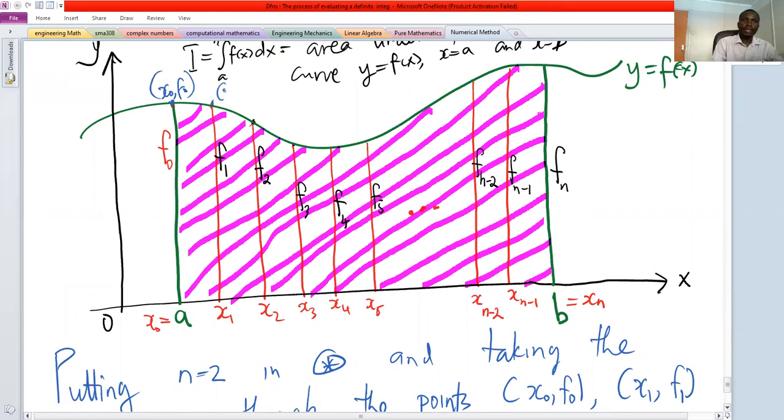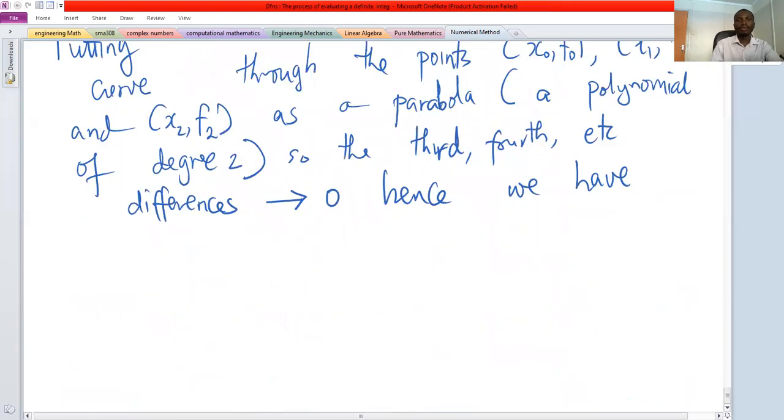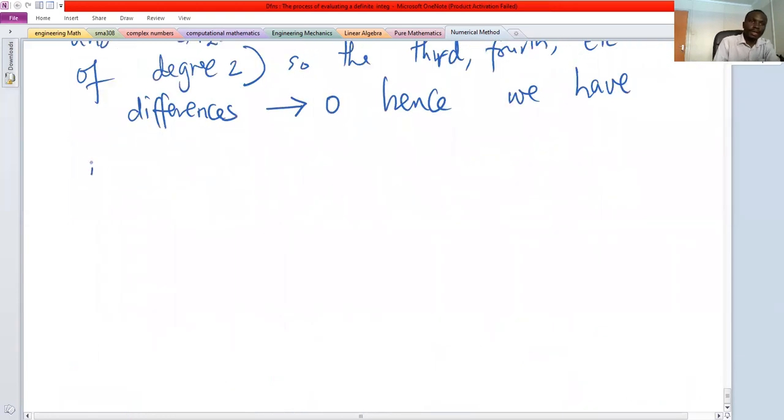This is the point x1, f1. This is the point x2, f2. It's like we are taking these two strips, this and this strip, as a whole. When you have 3 points, we can define a polynomial of degree 2. That's why we are approximating the curve to be a parabola, or a polynomial of degree 2.